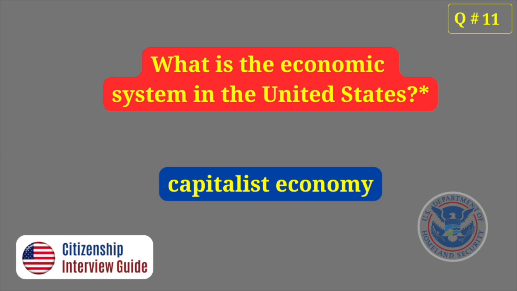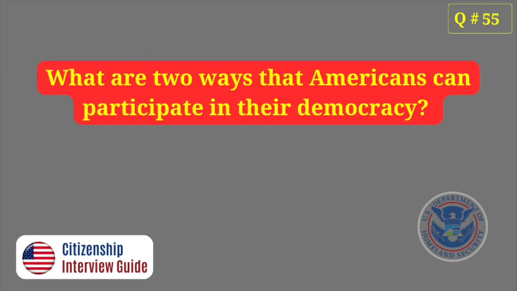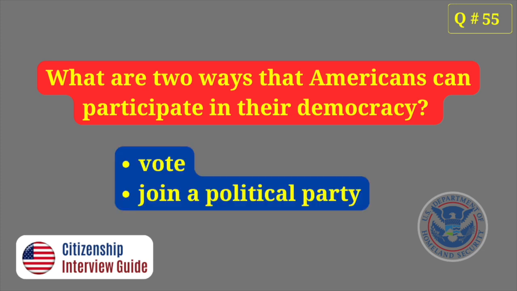Capitalist economy. What are two ways that Americans can participate in their democracy? Vote. Join a political party.